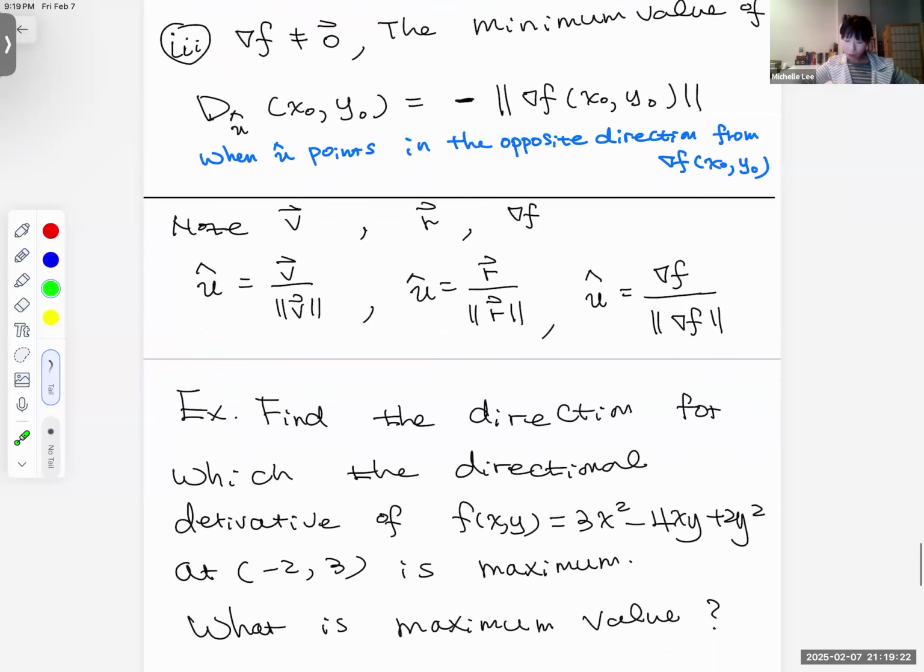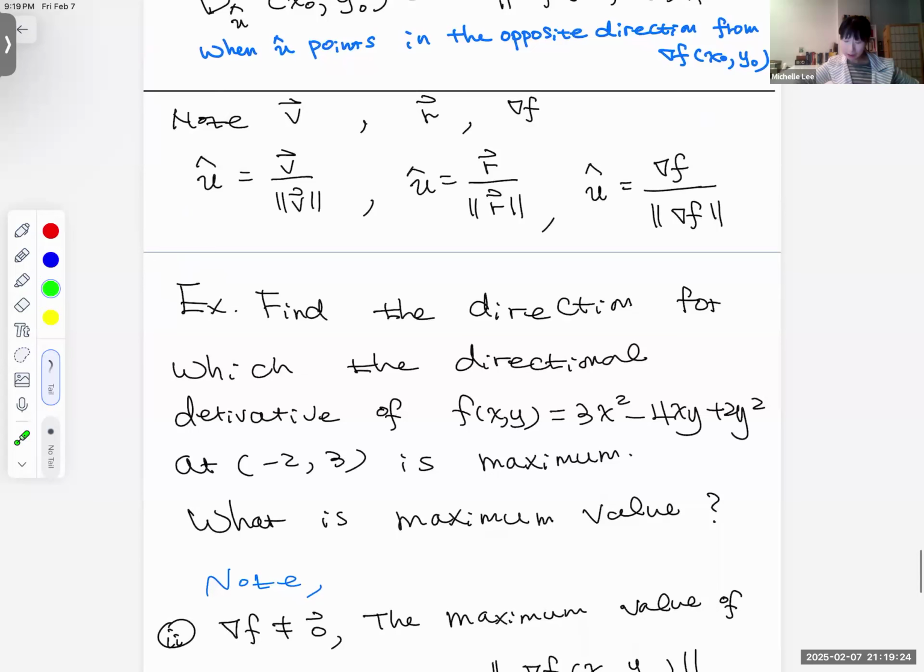Okay, so we have this question. We need to find the direction of the directional derivative, and then there is a maximum. If there is a maximum, what is the maximum value?